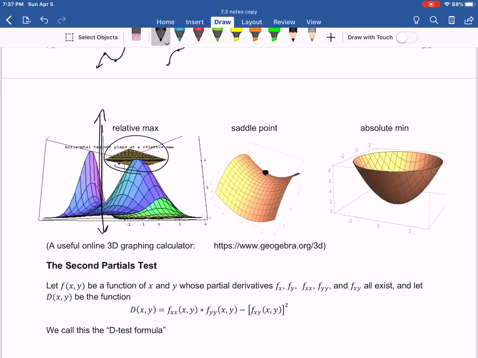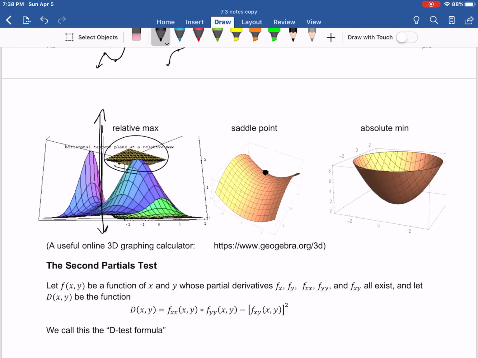And that's what makes that plane considered to be horizontal, right? So we can't talk about a horizontal line, because now in three-dimensional space, that line has been made into a plane. And so if that plane is horizontal, which means perpendicular to your vertical axis, it's considered to be at a relative max, or a relative min if it's on the bottom.